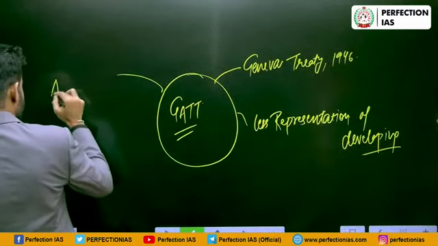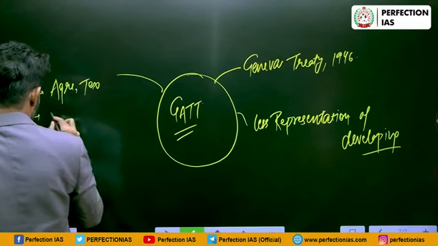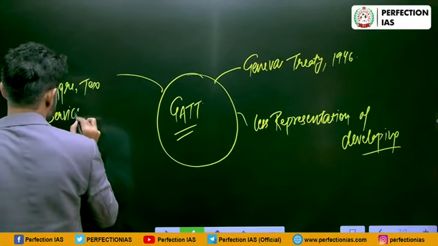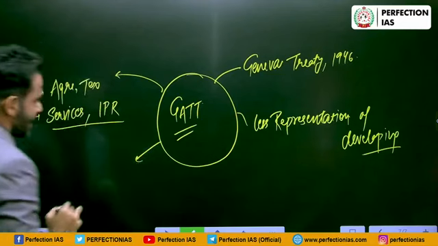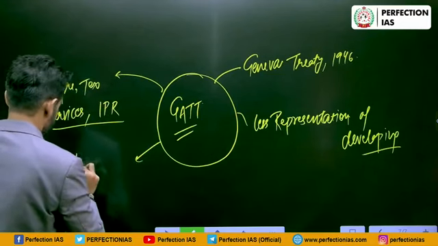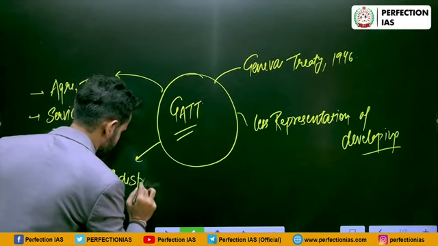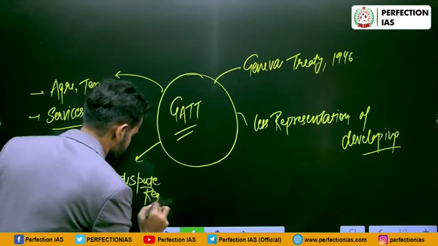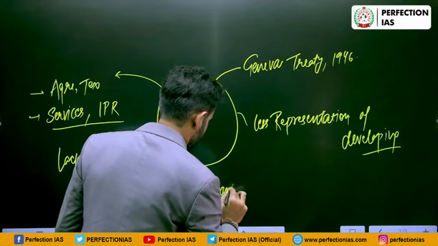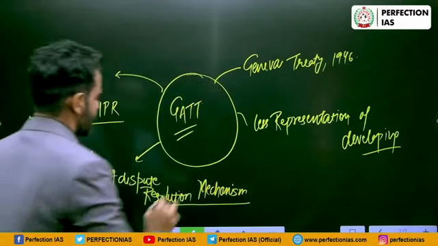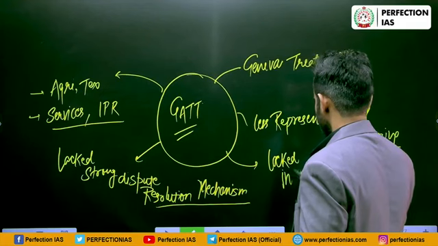The main focus was on agriculture and textiles, and areas like services and IPR were neglected. Apart from that, it lacked a strong dispute resolution mechanism. Apart from that, GATT lacked institutional structure.